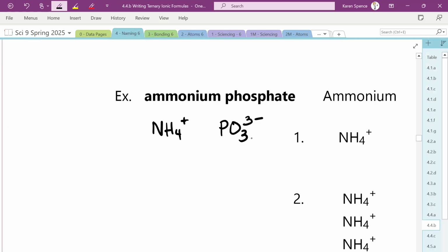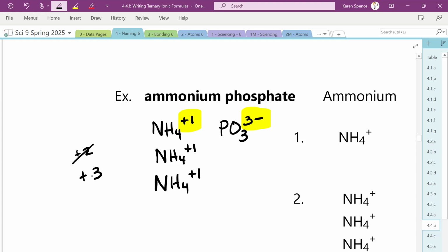So this one, I've got lots of negative charge, but I only have 1 positive. Remember, if it just says plus, that means plus 1. So I need another NH4 plus. That gives me plus 2. And another NH4 plus. That gives me plus 3.